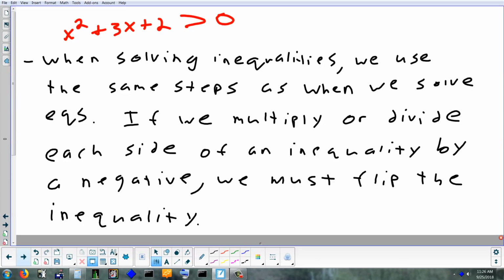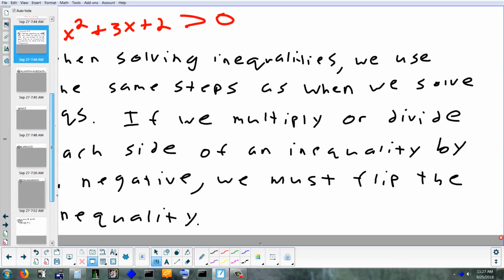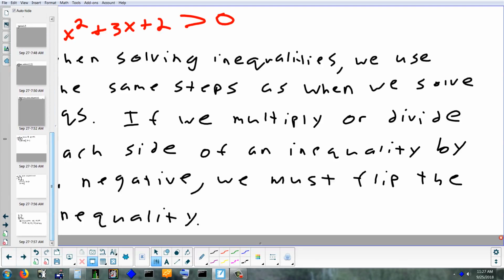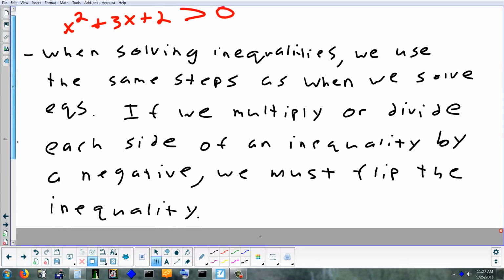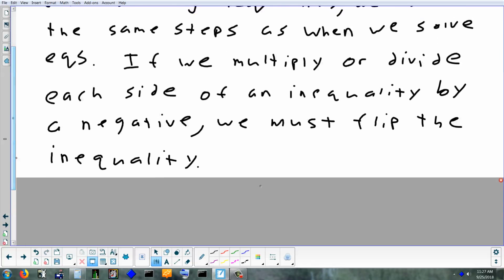Because that's factorable, that's actually not a bad problem to do at all. It's pretty straightforward once I show you the technique, but I don't think we get into that today. Graphing calculator? That'll be something more later in the chapter, or maybe even the next chapter. Okay, just remember, if you multiply or divide each side by a negative, flip the inequality. Any question on that rule?